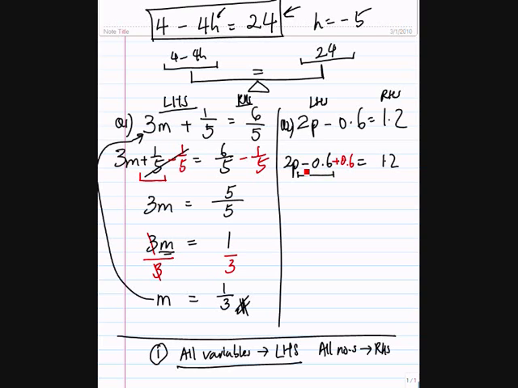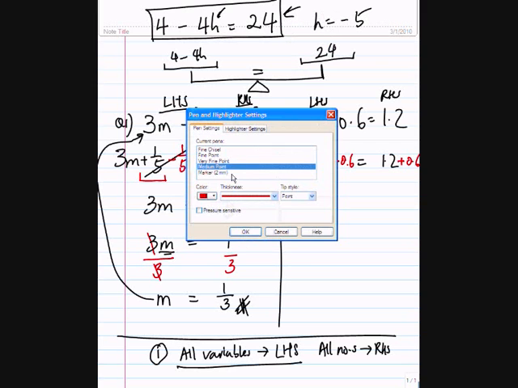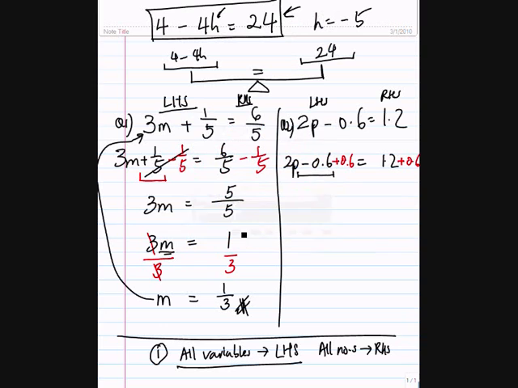So in order to make the equation balance, I need to introduce another plus 0.6 on the right hand side. So now the equation becomes, on the left hand side, I'm left with 2p. On the right hand side, I have 1.8.